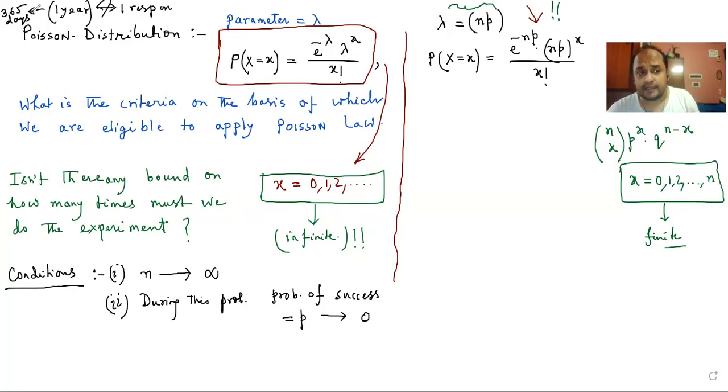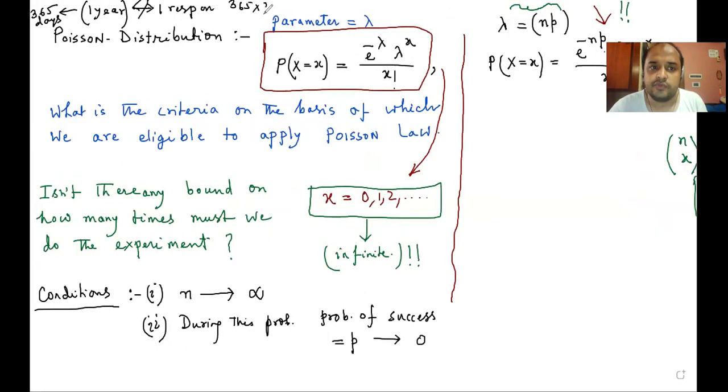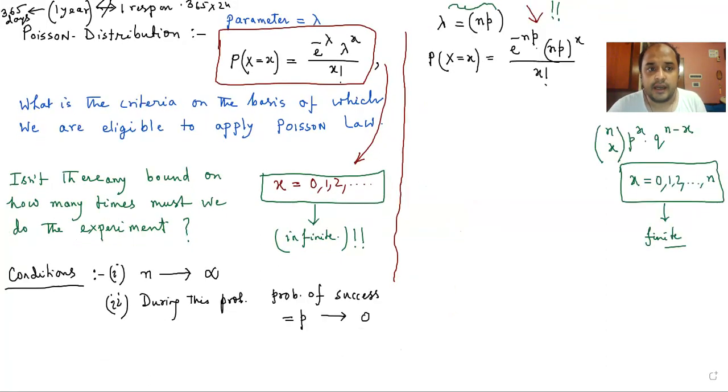The person can respond at any hour. So 365 days multiplied by 24 hours can be your number of experiments. I think this would be the appropriate value for the number of experiments to be performed in this particular case.